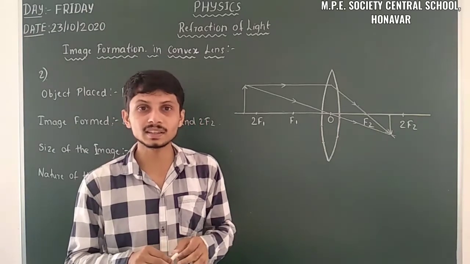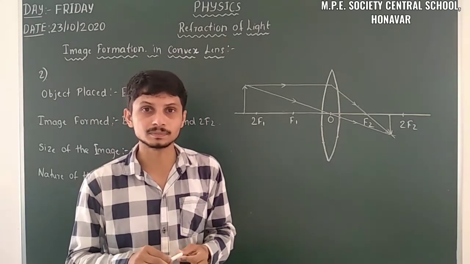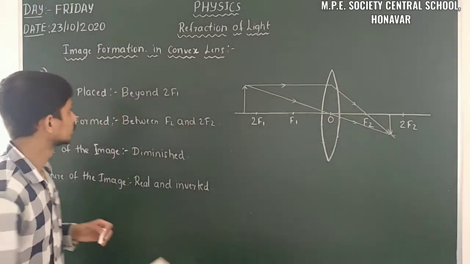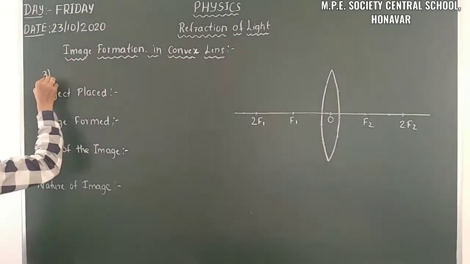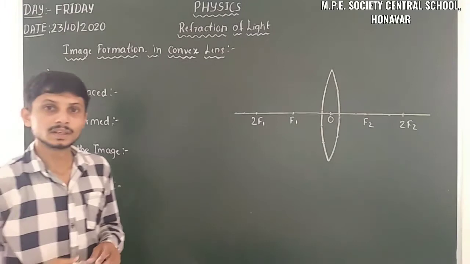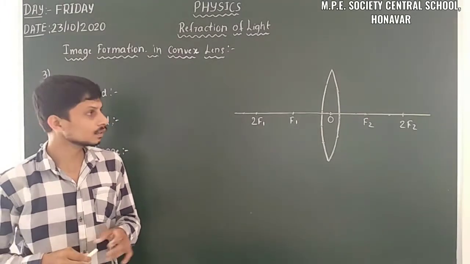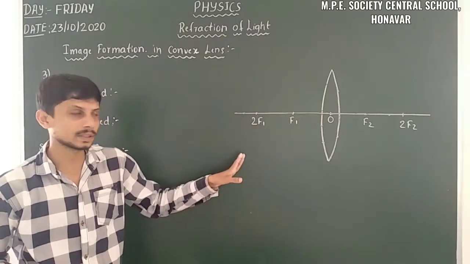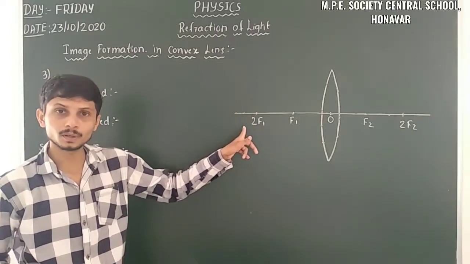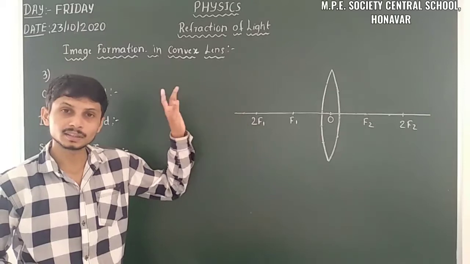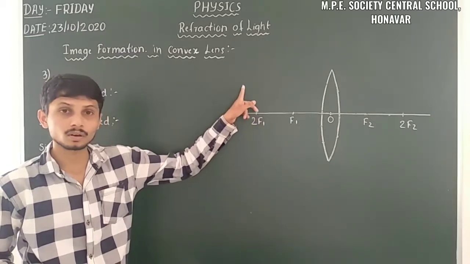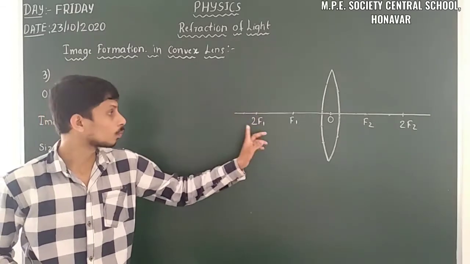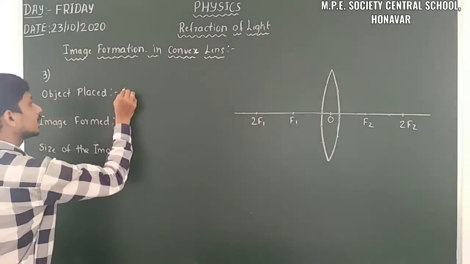So let us take the next case here, the third case. In the previous case we located the object beyond 2F1. Here we have to locate the same object on 2F1, so at 2F1.